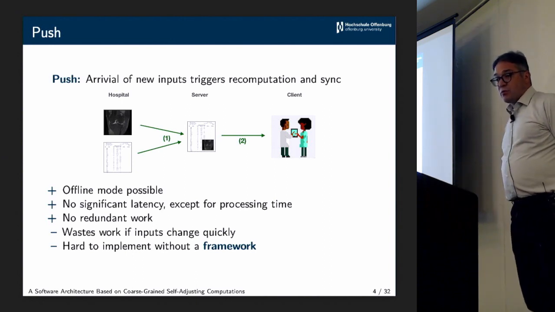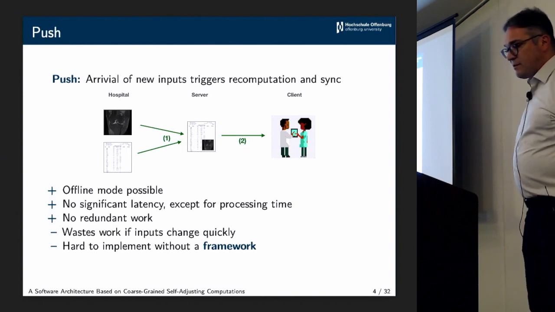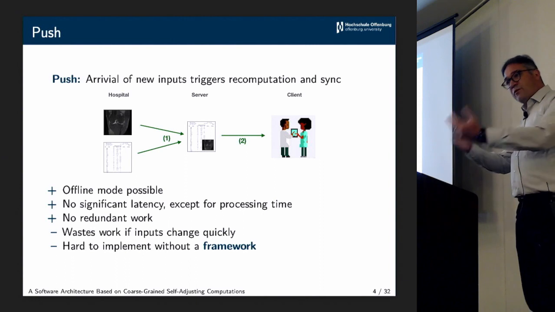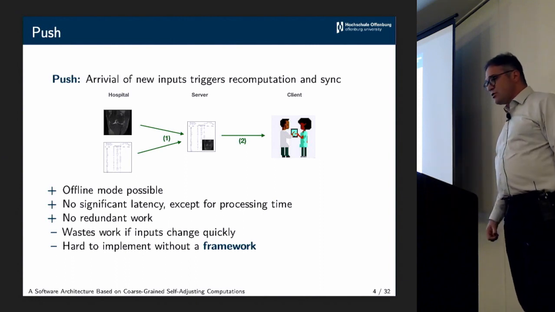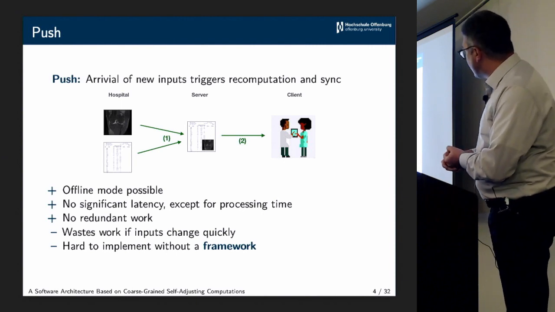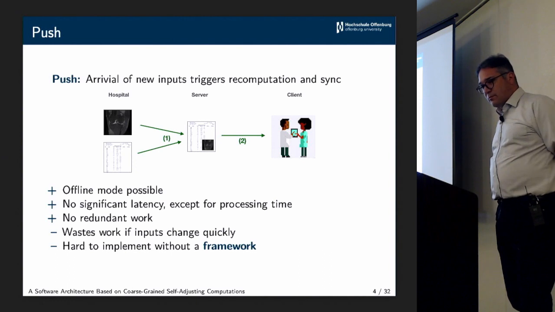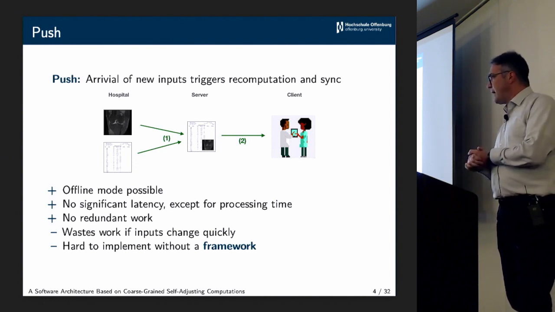There is no redundant work when some input changes. On the downside, you waste work if input changes rather quickly and nobody observes these changes. And you need some sort of framework if you want to use such an approach. You won't do dependency tracking and all this stuff by hand.